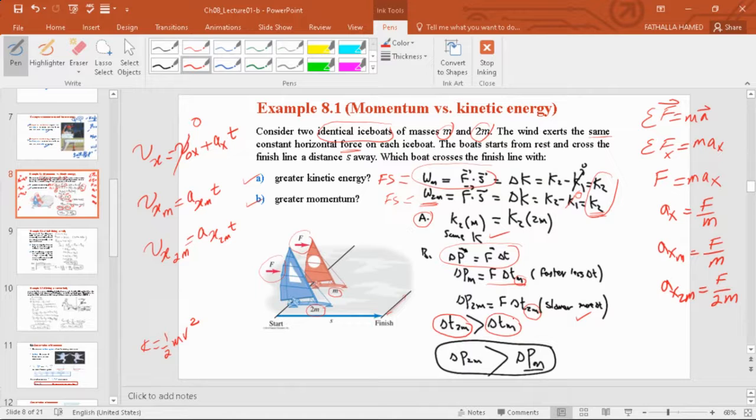And in part A, we said they reach the finish line with the same kinetic energy, but they don't reach it at the same time. So now the momentum of the boat with the 2m will be greater than the momentum of the one with m. So that's the idea here: even though both these quantities involve mass and velocity, in the case of kinetic energy, it's v squared, which means you're getting a scalar quantity.